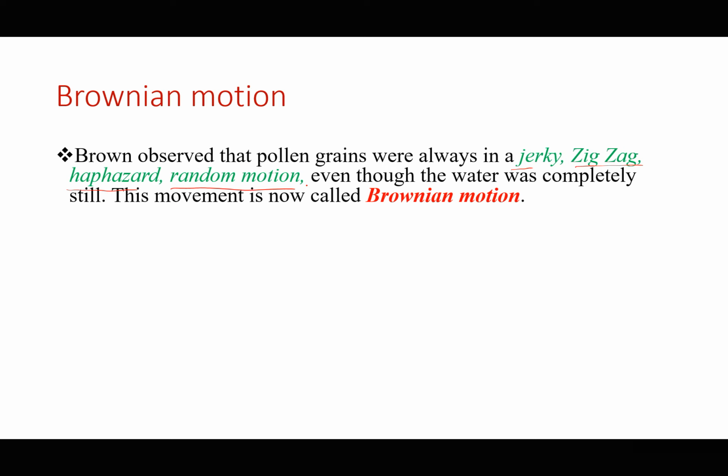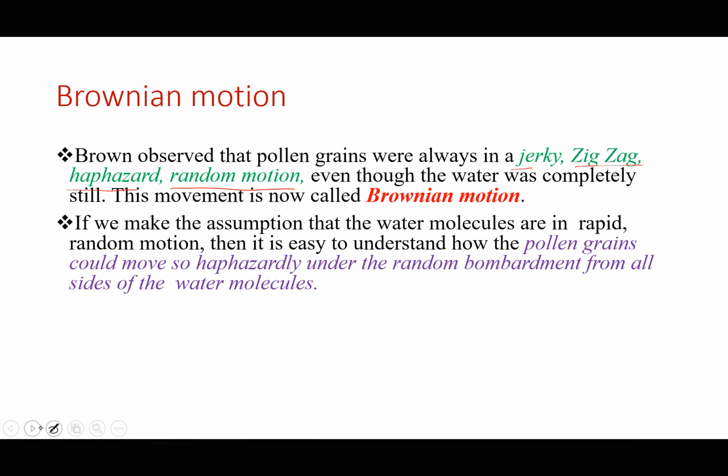What is the significance of this? What do we conclude from this motion? We can make an assumption that the water molecules are in rapid random motion. Then it is easy to understand how pollen grains could be moving haphazardly or in a zigzag fashion. This is simply because they are bombarded from all sides by the water molecules. They are always colliding with the water molecules.